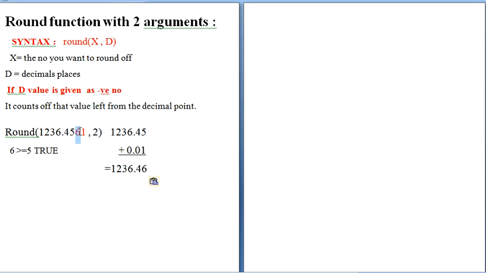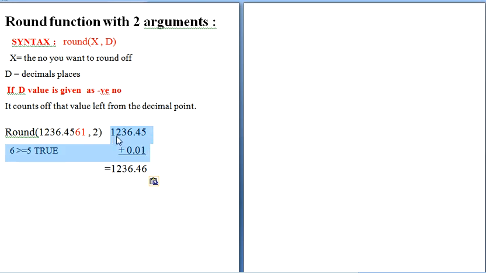Before removing this excess value, we are actually checking the first removed digit, that is whether 6 is greater than or equal to 5 or not. If it is greater than or equal to 5, then 1 will be added to its preceding number. The same thing has been done here.